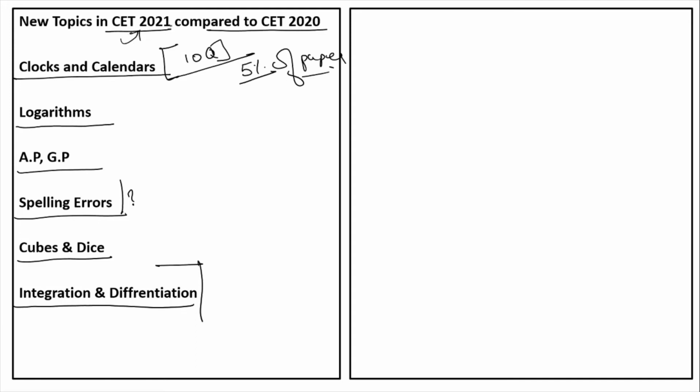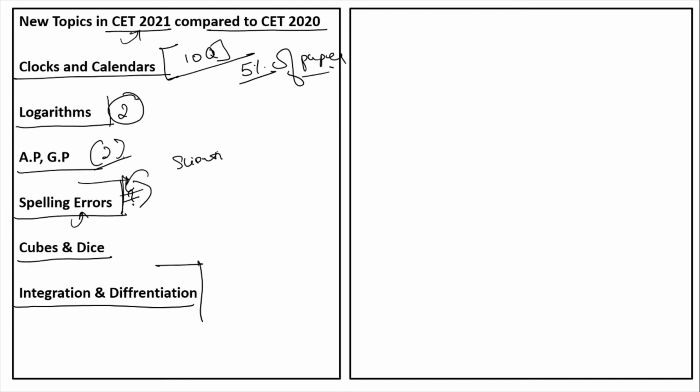That has never happened before. I had two questions of logarithm and two questions of AP GP. There were questions of spelling errors in 2021 too. But should we be focusing on this type of question? I would say no, because the CET 2021 spelling errors were scientific and biological terms.